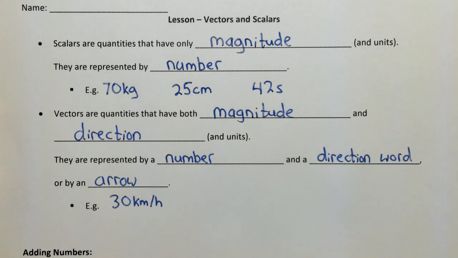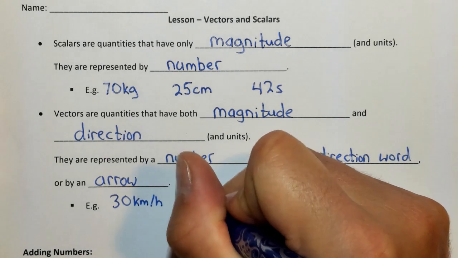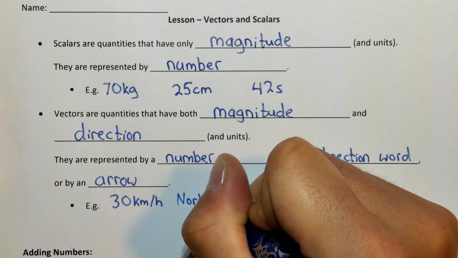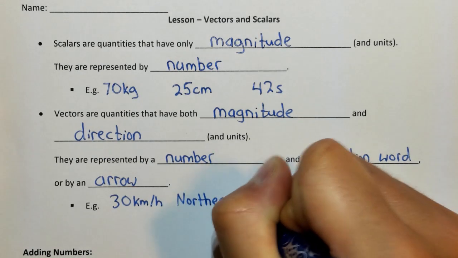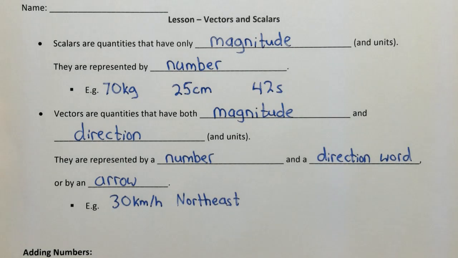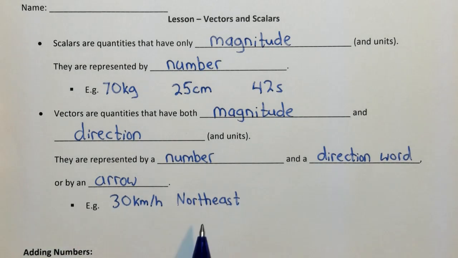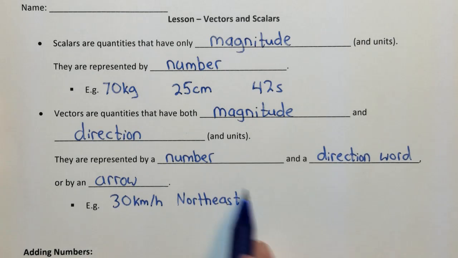But it'll also give you a direction, something like 30 kilometers an hour northeast. So this is a great example of a vector. To give someone wind velocity, you need to give them the magnitude, the part that tells them how much wind there is, and also the direction, the part that tells them where the wind is going or coming from.